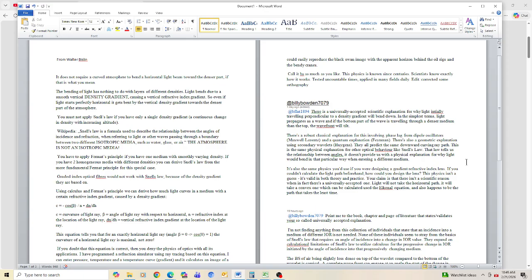So, of course, Billy now will throw out there's a robust classical explanation involving phase lag from dipole oscillators and quantum explanation, geometric explanation using secondary waves and blah, blah, blah. You want to know something? It's not our atmosphere. Our atmosphere is not a dipole oscillator.